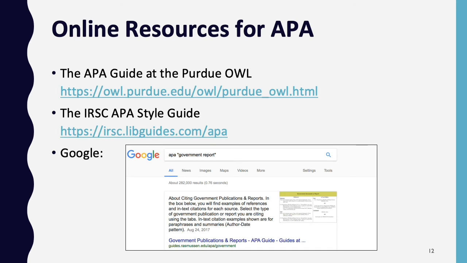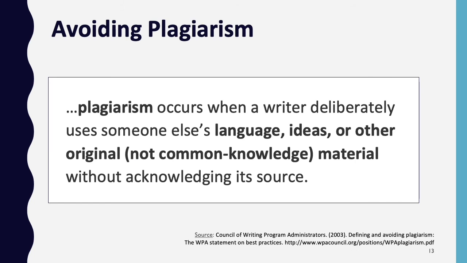Following APA allows us to communicate clearly to our readers. Our use of sources becomes transparent and easy to understand. In addition, following APA helps us act ethically as researchers and as writers. This means avoiding plagiarism.